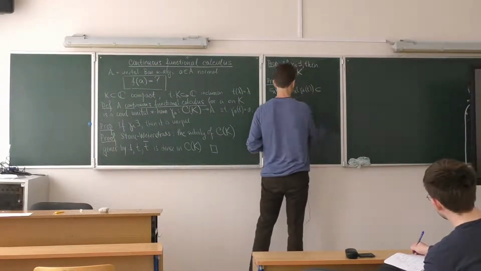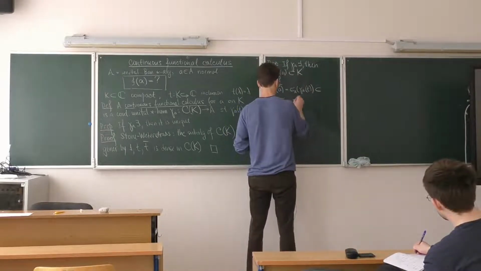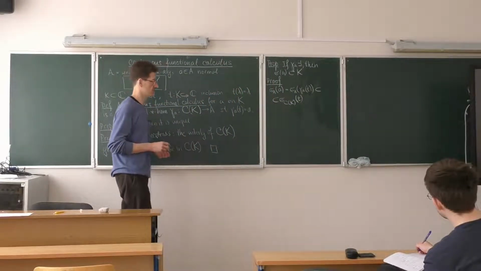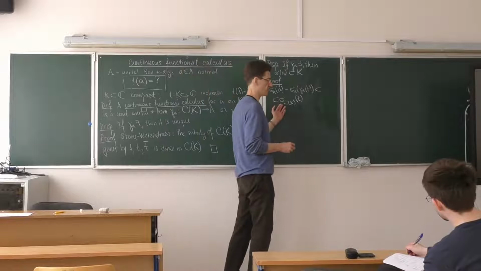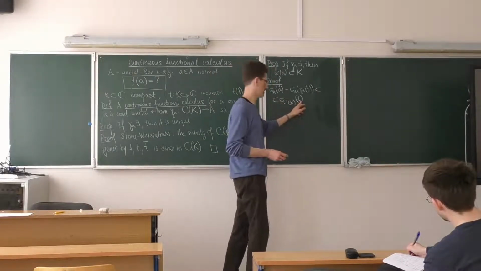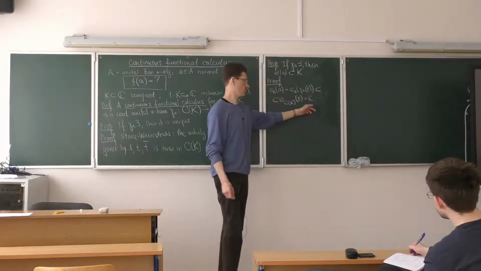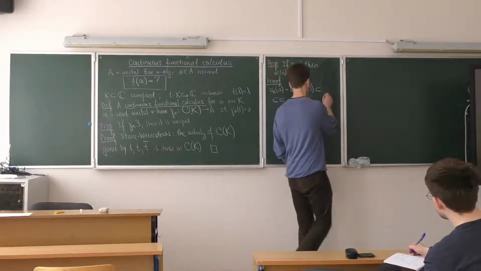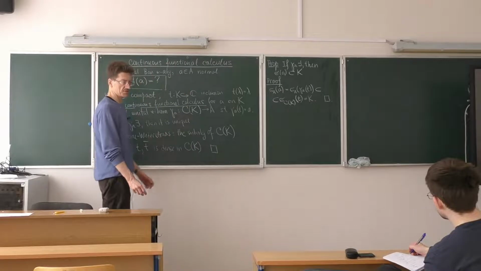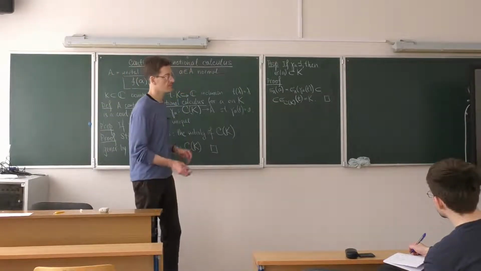So this is contained in the spectrum of t in the algebra of continuous functions on K, just because gamma is a unital homomorphism. But the spectrum of a continuous function is just the range of this function. And the range of little t is just K. And we get that the spectrum of A is contained in K. So this is a necessary condition for the existence of our functional calculus.